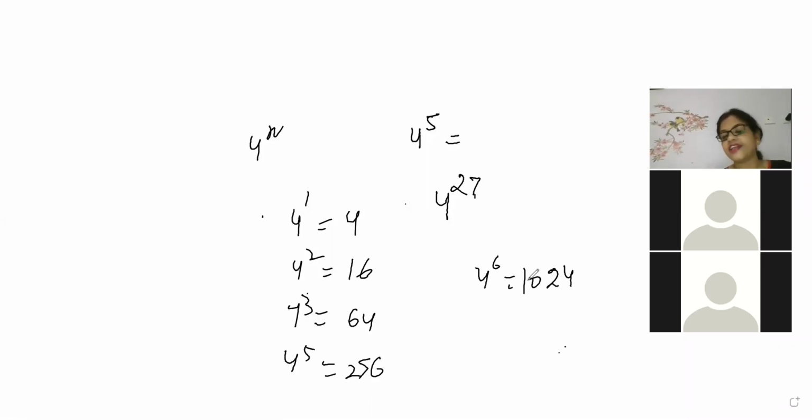What is the unit digit here? What are the unit digits coming here? Yes, Akshaya. Anytime will 4 have 0 in its unit place when you keep on increasing the power? Tell me.